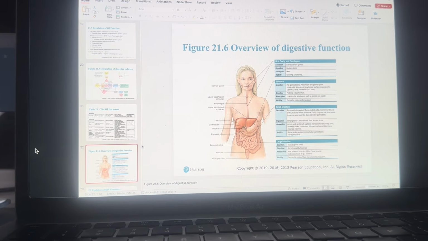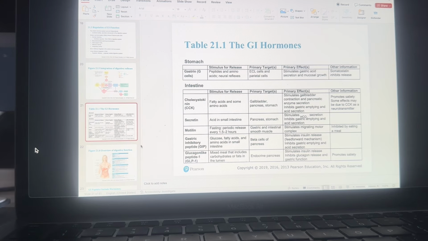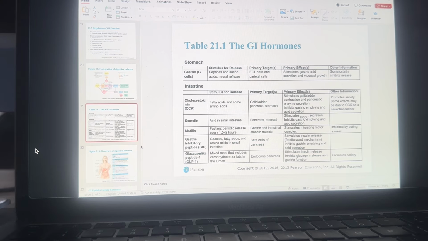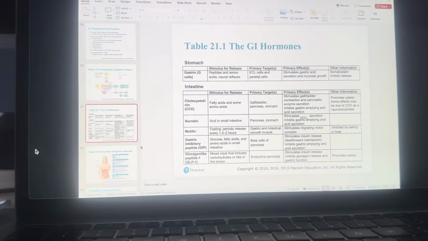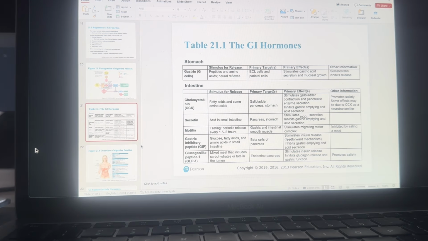Okay, so we talked a little bit about these hormones that are very common and control different processes of your digestive system, right? In your stomach, you release this hormone called gastrin, and the primary effect is that it stimulates acid production, right? You're going to have receptors in your stomach that will detect that food and release gastrin.